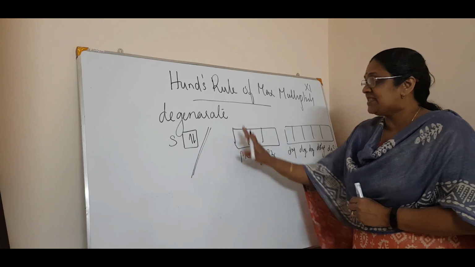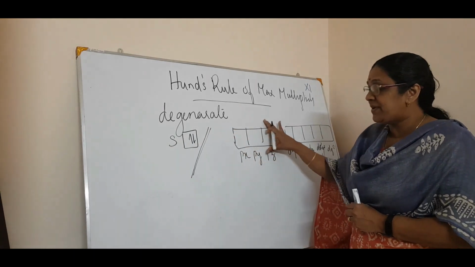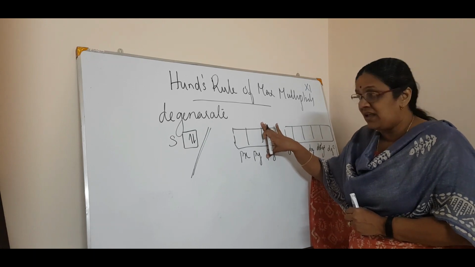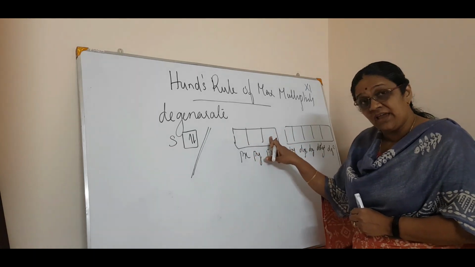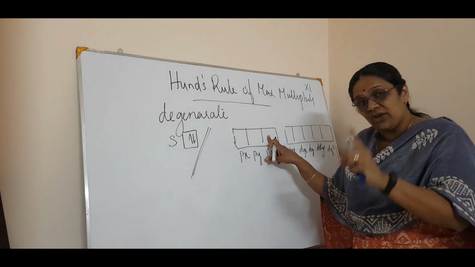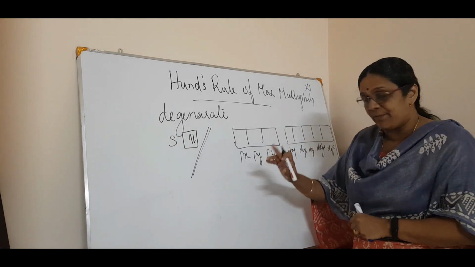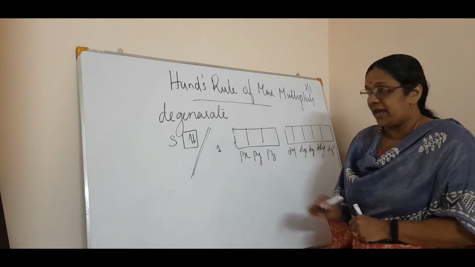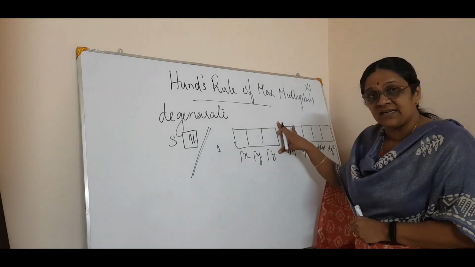That means he says that the pairing happens in the same subshell. When it is in the p orbital, pairing takes place only when all the orbitals get at least one electron. Then only pairing takes place. For example, if there is only one electron, p, how many orbitals are there? 3.